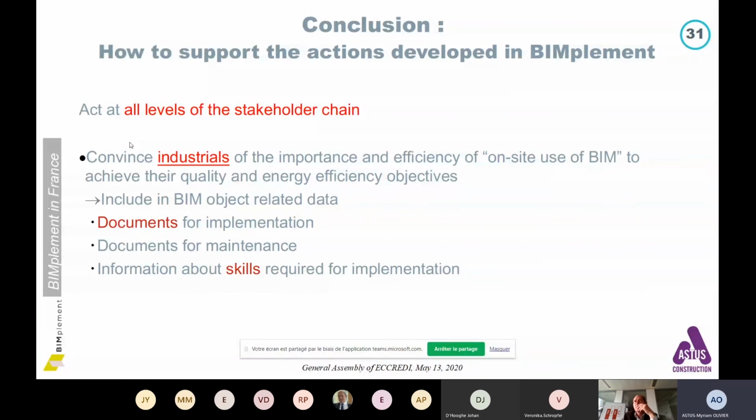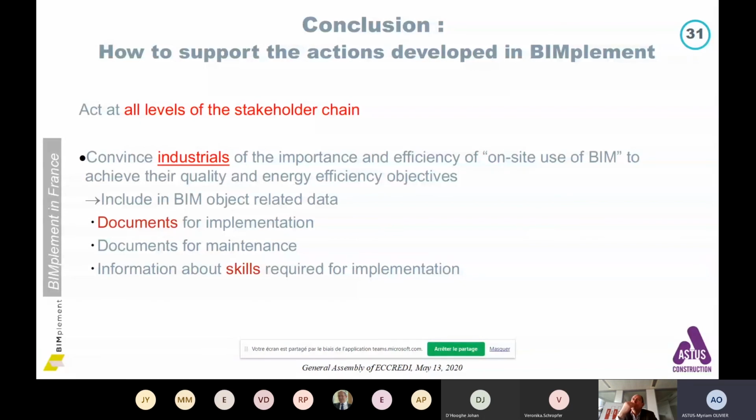And what we've seen is that it's important for industrial to enrich their BIM model with an instruction guide, a maintenance guide, skills needed also. BIM objects have classification, and there are lots of properties that can be filled in. And all these elements can be included also in the BIM object, and it sure would help.